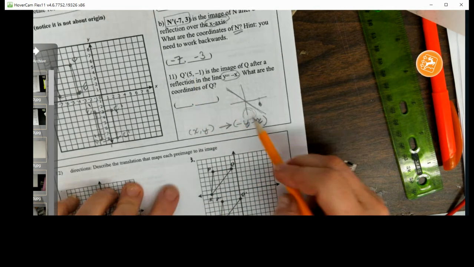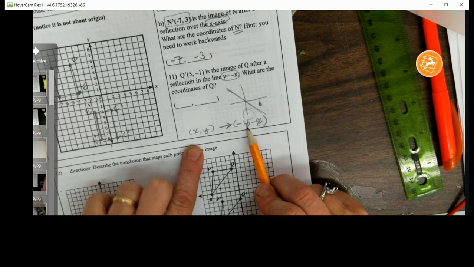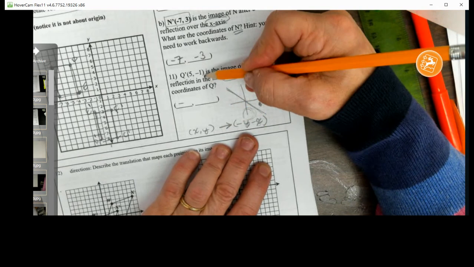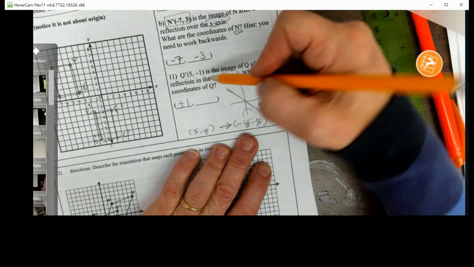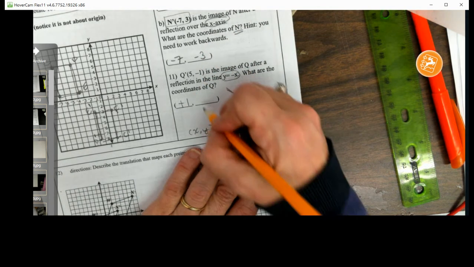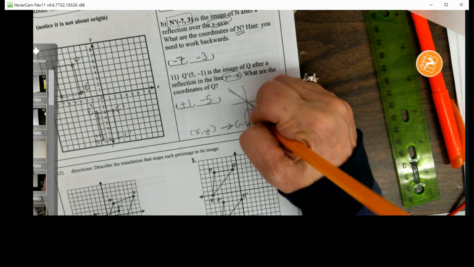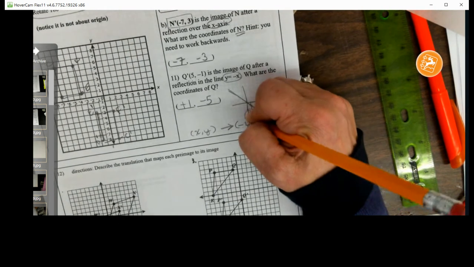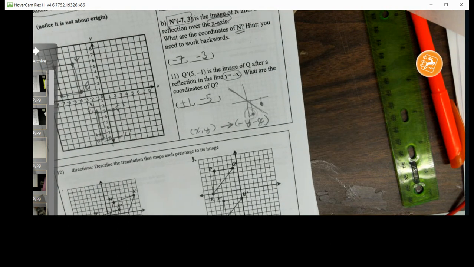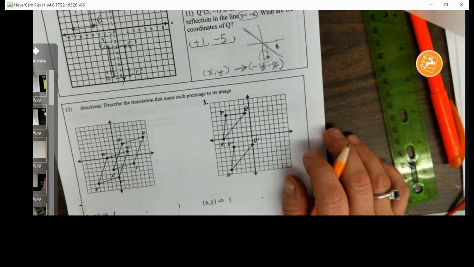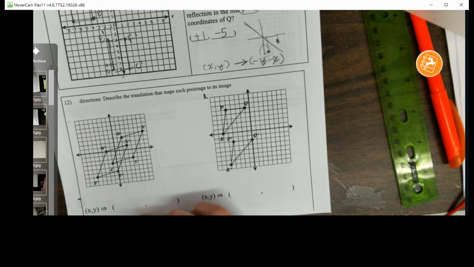And when we plug in our values, we end up with positive 1 and negative 5. That is our reflected values, which makes sense. So it's going to be somewhere along here, which looks like a good sketch. Okay. Let's look at 12.